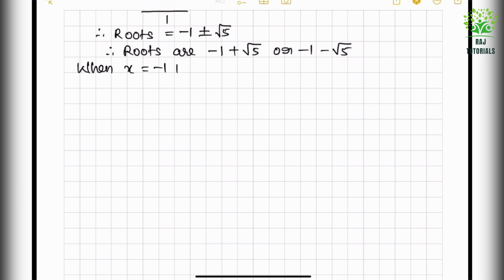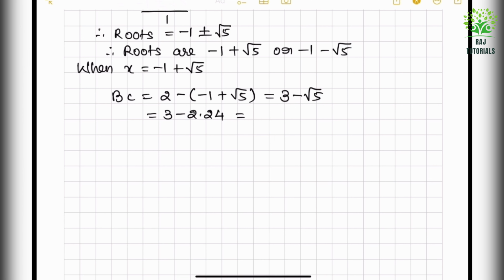So when x equal to minus 1 plus root 5, BC will be 2 minus (minus 1 plus root 5). So that will be 3 minus root 5, so that will be 3 minus 2.24, that is 0.76 meter.